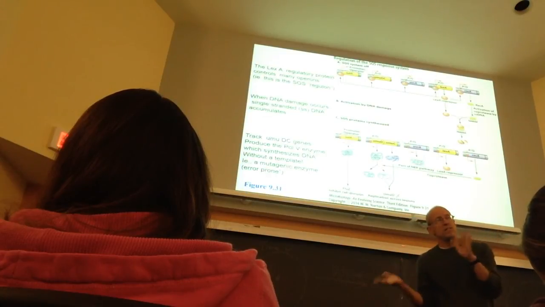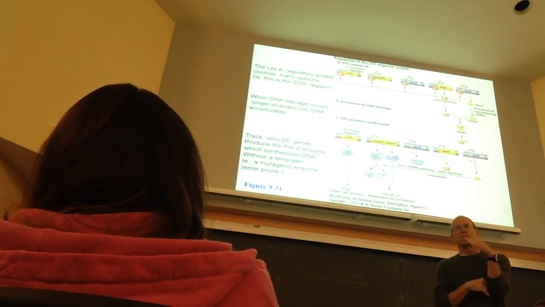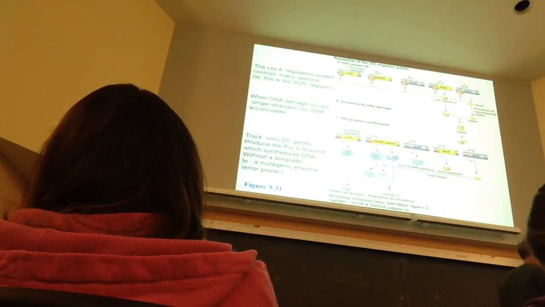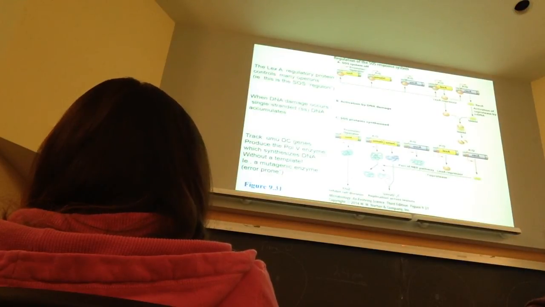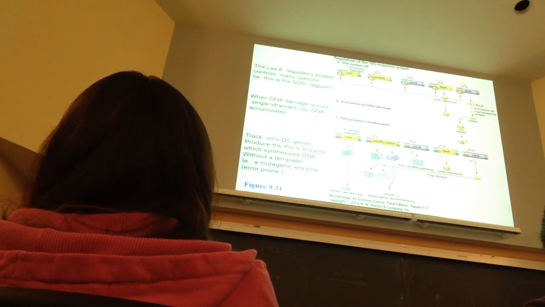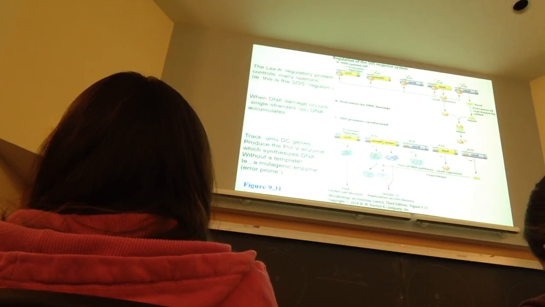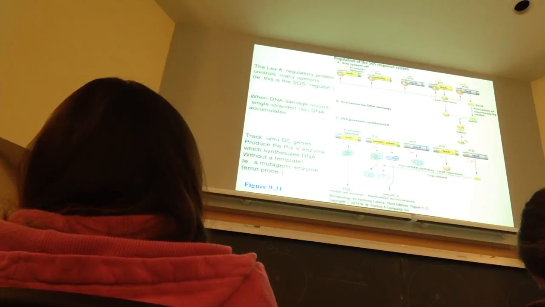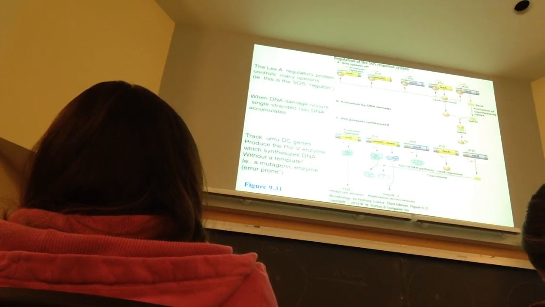Of course, DNA is double-stranded. If you have single-stranded DNA, that is the environmental cue, the signal for DNA damage. So if RecA protein, which we're looking at in this triplet of green beads, encounters single-stranded DNA, that means, hey, there's DNA damage. We shouldn't have single-stranded DNA. So when DNA damage occurs, single-stranded DNA accumulates, and that's what we mean by activation by DNA damage.